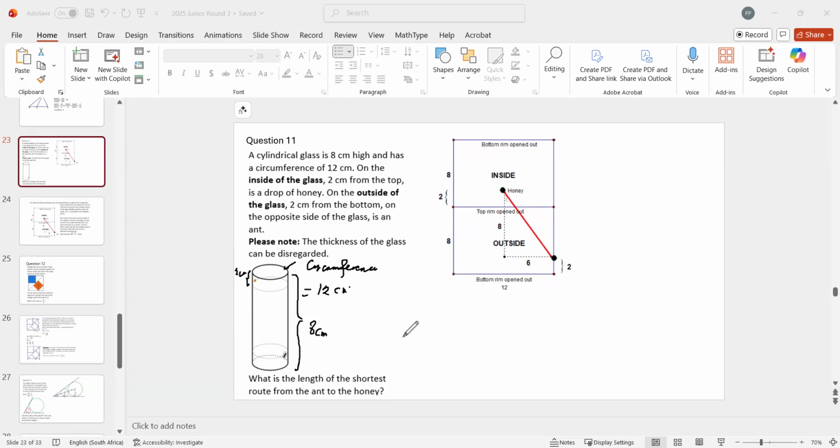Now, on the outside of the glass, okay, so you'll see I've got another picture here on the outside of the glass, 2 centimeters from the bottom. You've got an ant. All right, so this is on the outside. So there's a circle here, and there's 2 centimeters from the bottom.